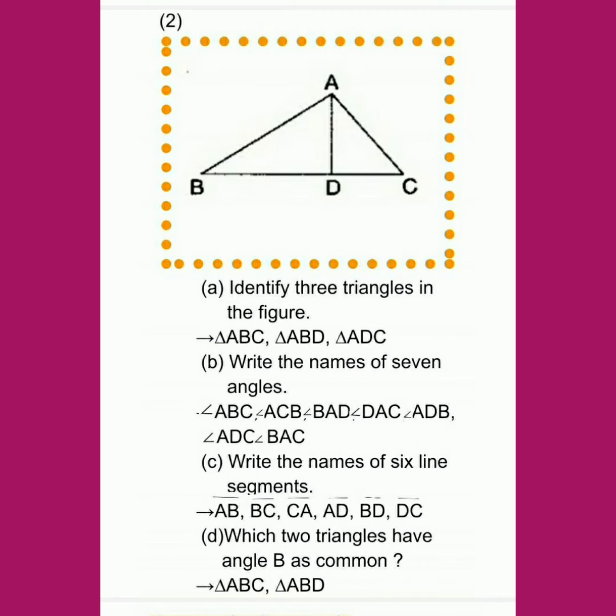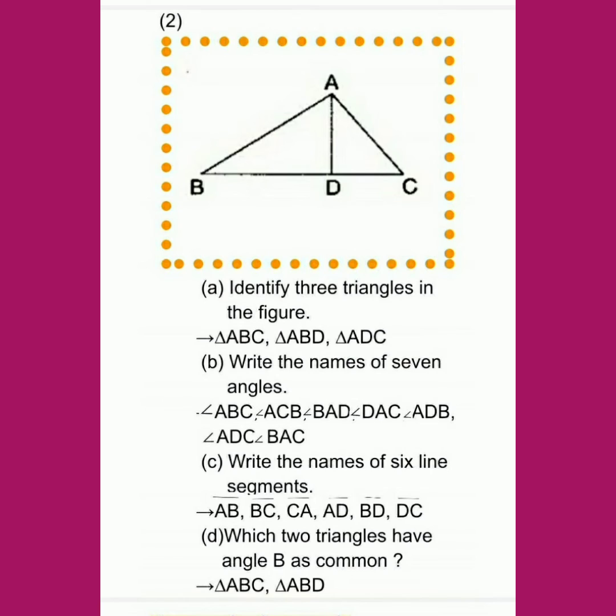Now coming to question number 2. Now one figure is given and you have to answer the questions. First question, identify three triangles in the figure. Now, which are the three triangles? Triangle ABC, triangle ABD and triangle ADC. Now, write the names of 7 angles.